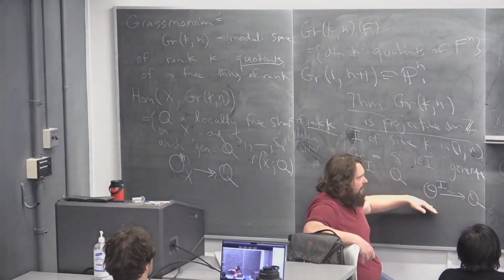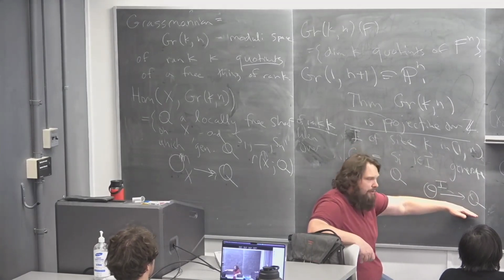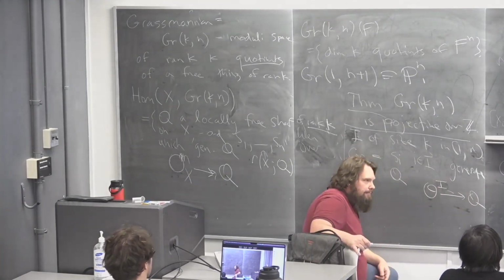If this condition is satisfied, Q is trivial, and it's trivialized by the map from the coordinates in this set I.